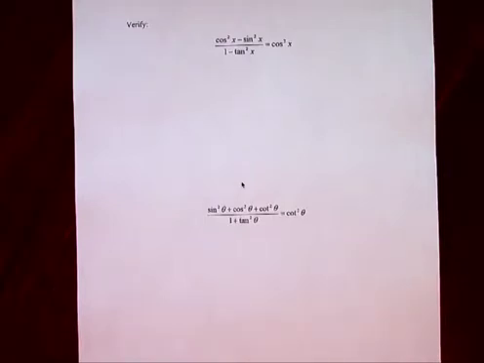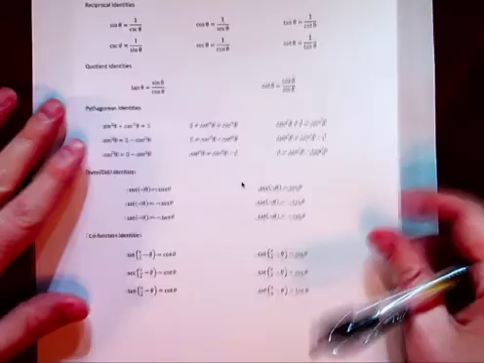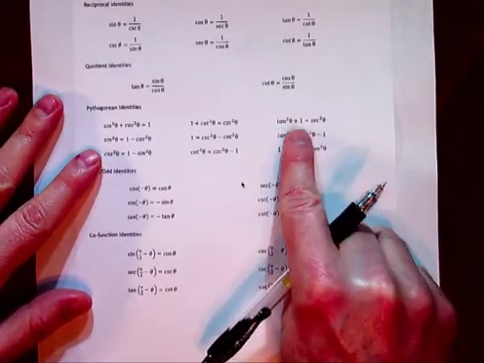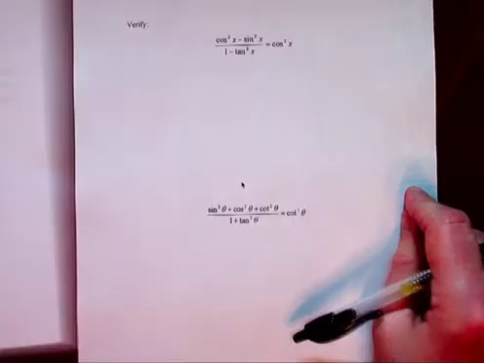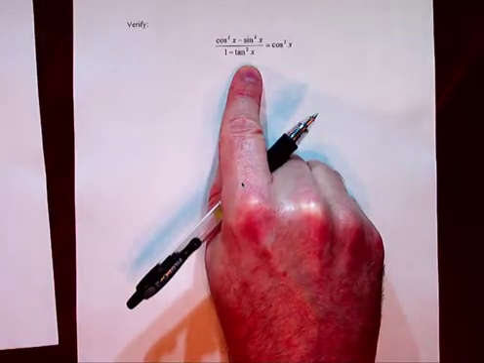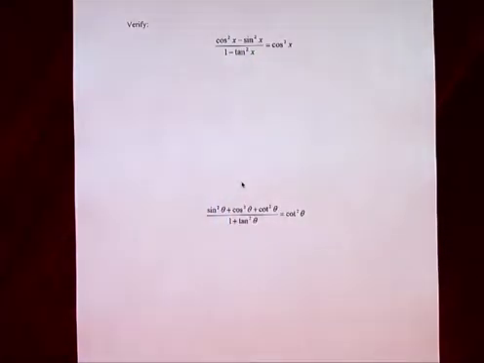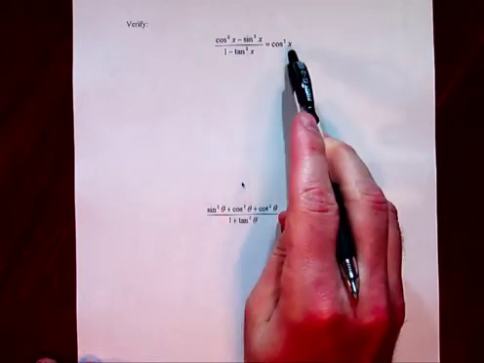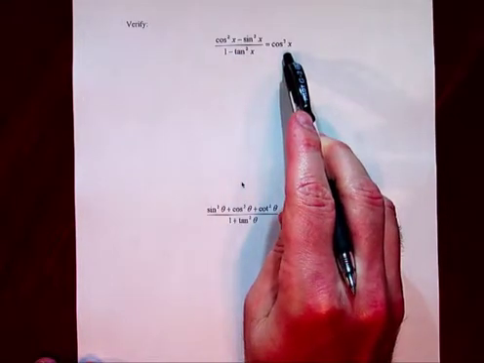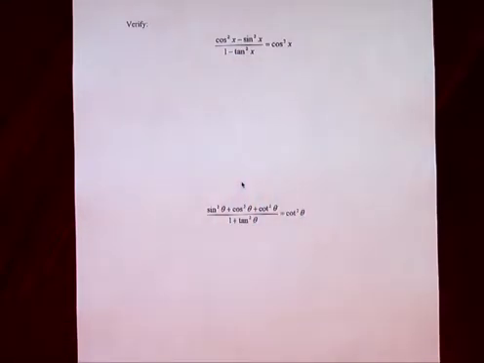You just don't know what it is yet. But, you know, tangent squared plus 1 is equal to secant squared, but this is 1 minus tangent squared. And so I have to do something with this. Well, I know that it ultimately becomes cosine squared. Okay. Well, how am I going to get there?